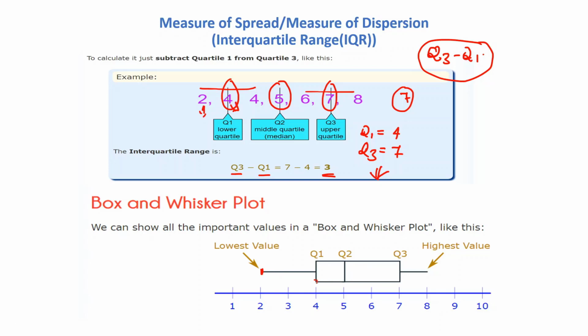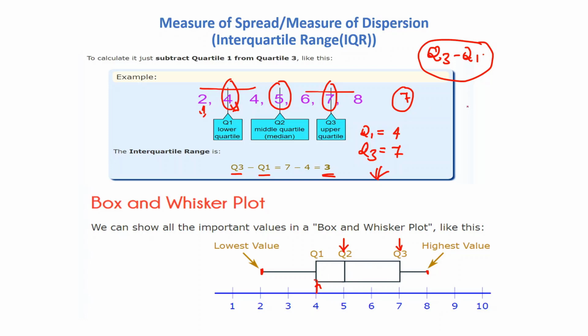Then the middle value, the median of the data points, is Q2. Then the third quartile, from here to here your 75th percentile, means Q3. Then your last data point, 8, so we can draw the 8 here. This way we can draw the box plot.